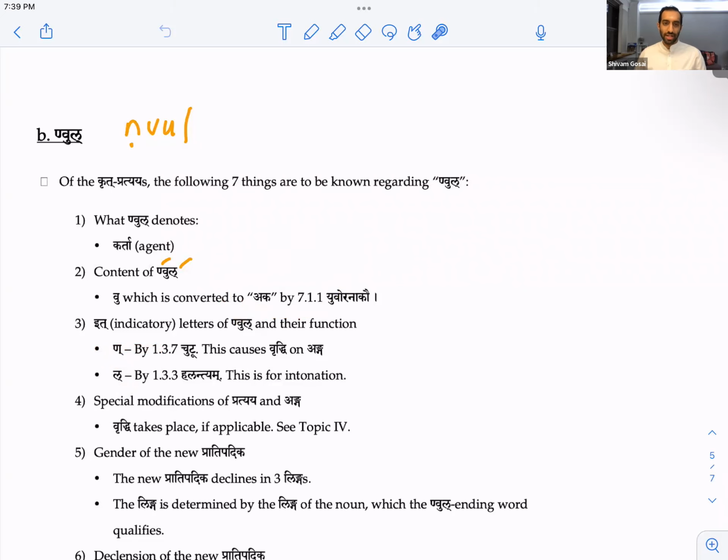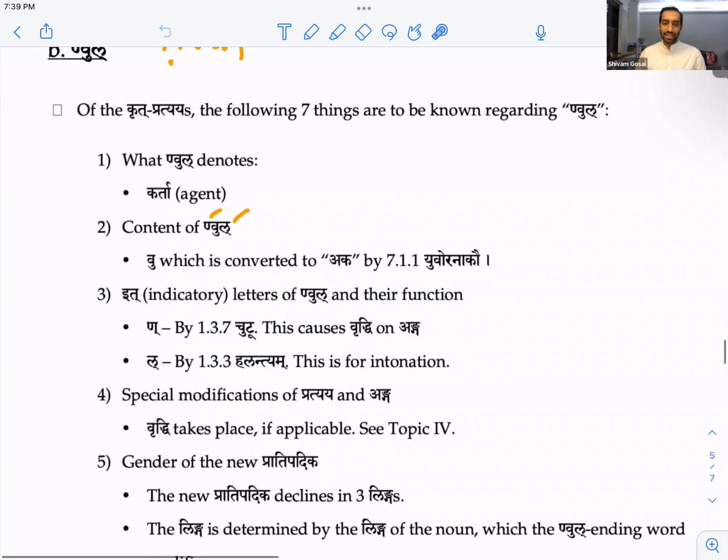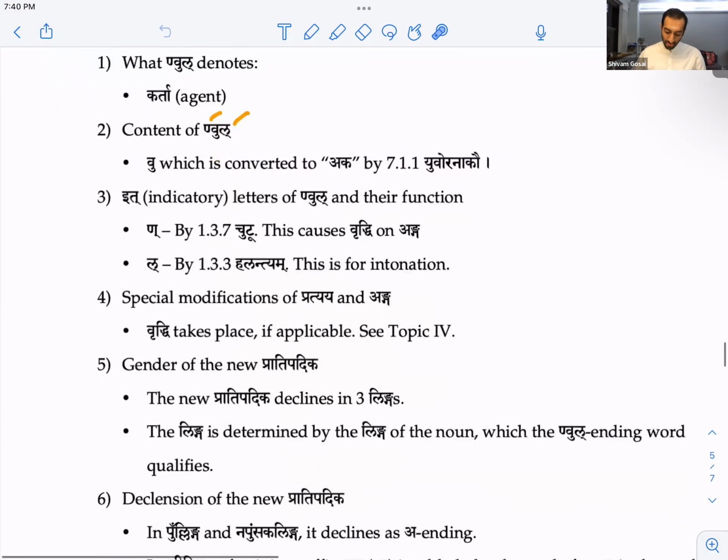That was one thing we needed to remember on nvul: the whole thing becomes akka because of the sutra that's there. That's why dahaka, dah plus akka. Nvul becomes akka. Karaka: kr takes vriddhi, becomes kar, and we had akka, karaka. Those are all masculine.